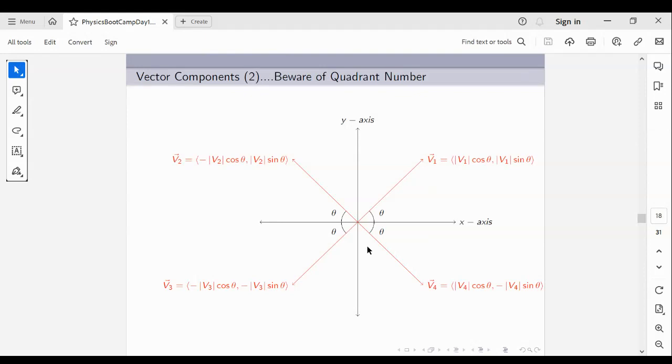In quadrant 1, you can see both the x component and y component are positive. In quadrant 2, we see that the x component is negative, the y component is positive, and so on and so forth. So the angle that it makes with the positive x-axis is not necessarily the angle it makes with the x-axis in general. You really have to look at your triangles to see what angle is being considered.